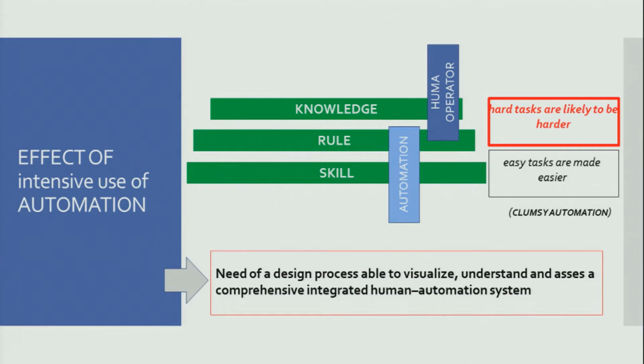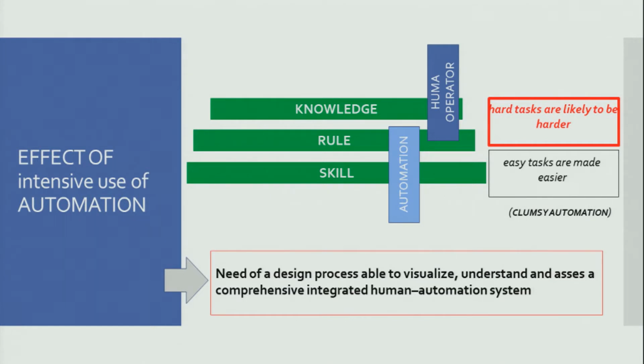The point is that automation is likely to fix things that are based on rule performances and skill performances by crew members. So easy tasks are likely to be easier. The point is that it remains on the shoulders of crew members the most difficult part of the job.